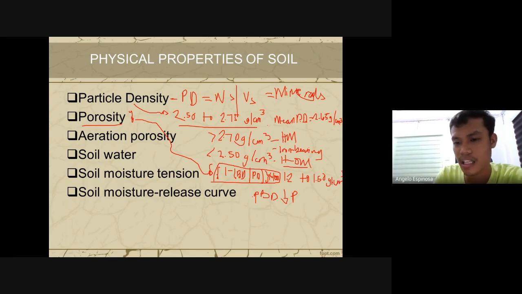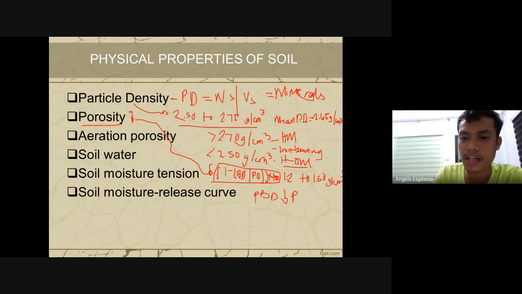As the bulk density approaches the value of the particle density, which is 2.50 to 2.75 gram per centimeter cube, it means that the percentage porosity approaches 0.